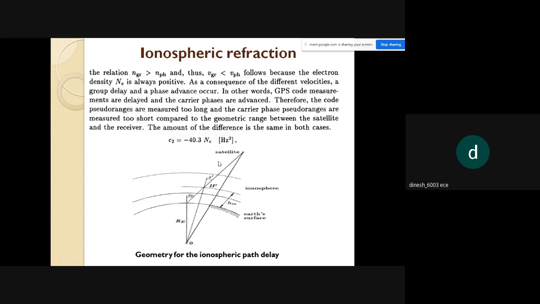Therefore, the code pseudo range measured is too long, and the measured carrier phase pseudo ranges are too short. So the code pseudo range will be longer, and the carrier phase pseudo range will be shorter as compared to the geometric range between satellite and receiver.